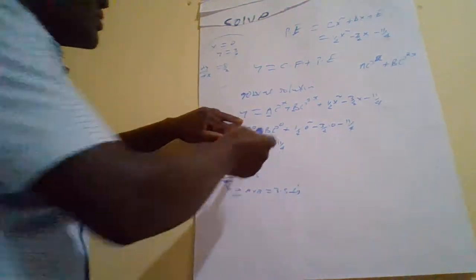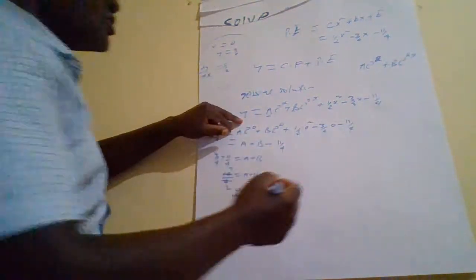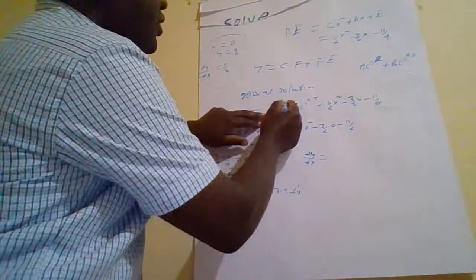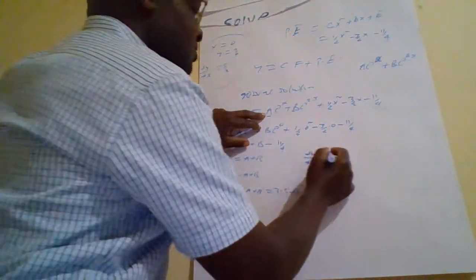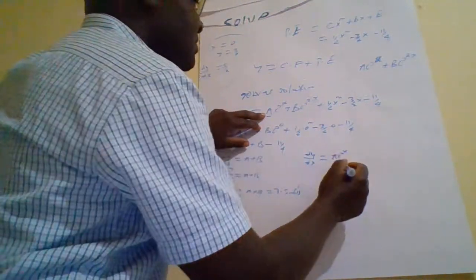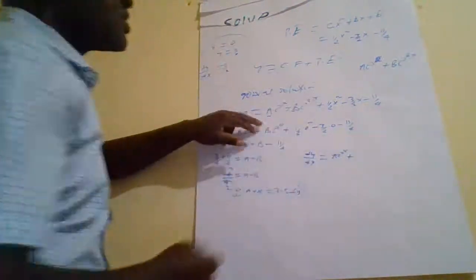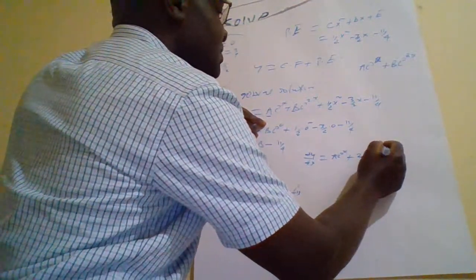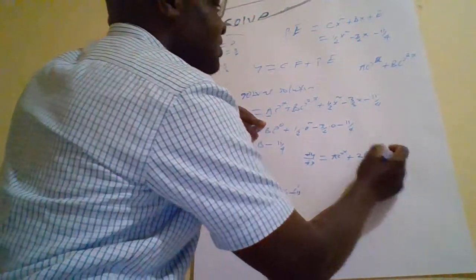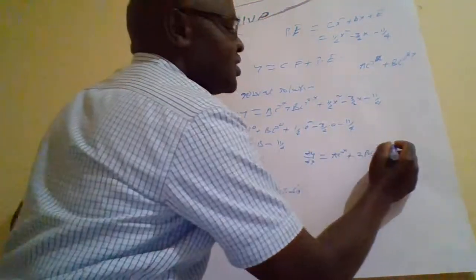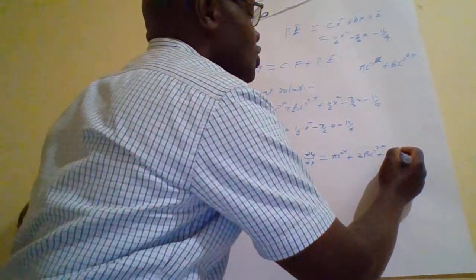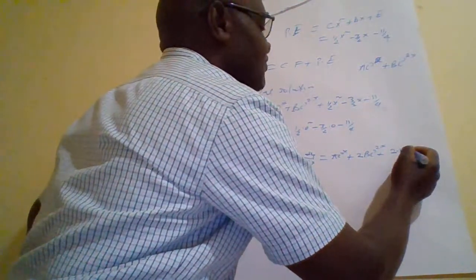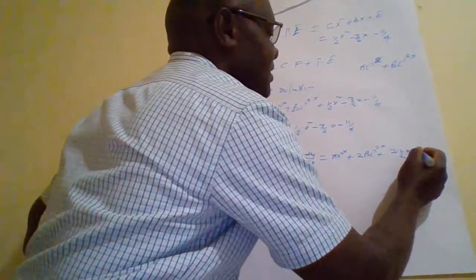So we differentiate this equation. dy/dx will be equal to, when you differentiate a^x, we get a^x, then plus, when you differentiate b^(2x), we get 2b^(2x), then plus, when you differentiate x squared, you get 2 times a half x, then minus 3.